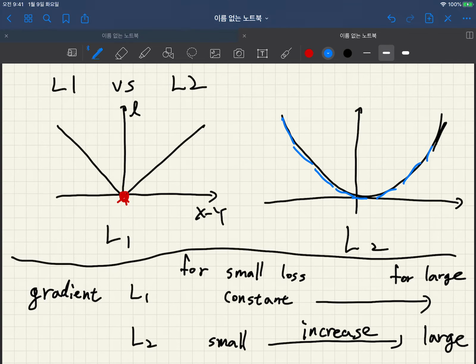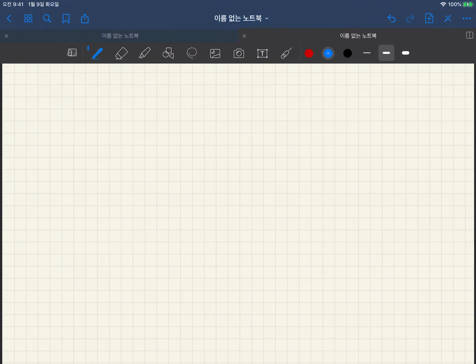But when you have a smooth function, your optimization process becomes very easy and you can easily reach the optimal point. So in terms of optimization, the L2 loss function is better than the L1 loss function. But why do some people still use the L1 loss function, although its optimization property is worse than that of the L2 loss function?